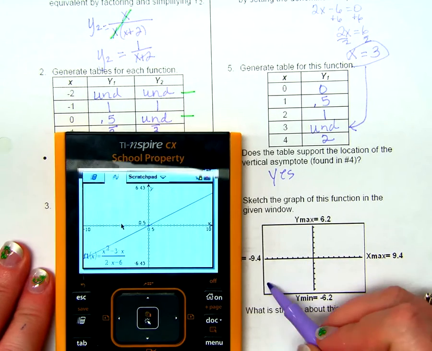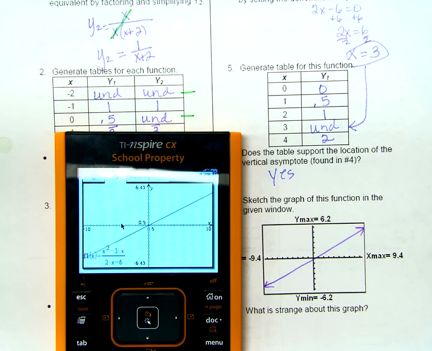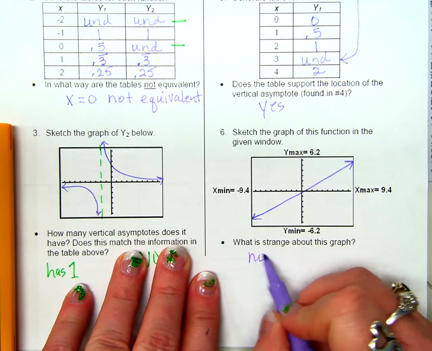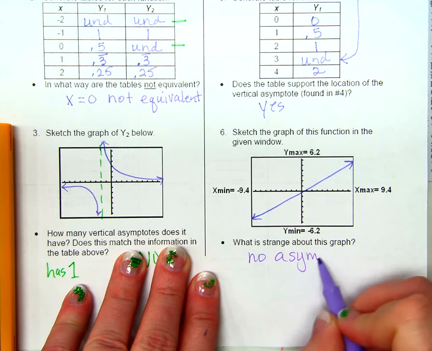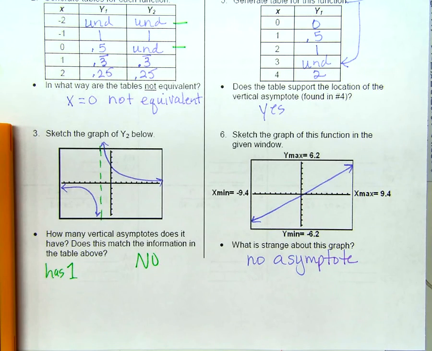It's just a line, right? So something like that? Is there an asymptote in that graph? No. So tell me what's strange about this graph? No asymptote. So did we do something wrong? No. Okay. Turn it over.